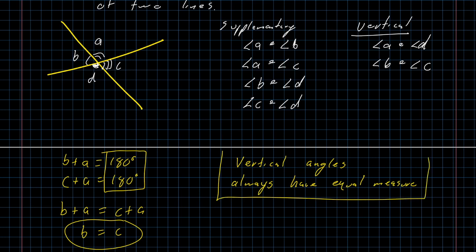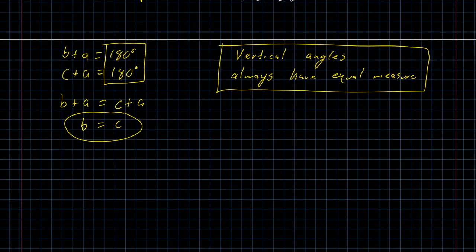Vertical angles always have equal measure. All right, moving onward.